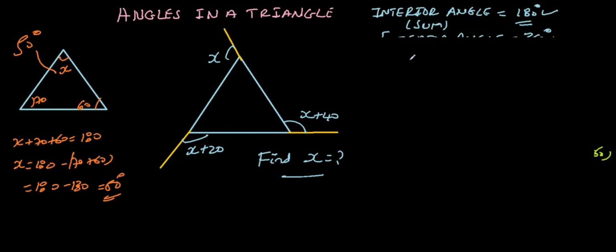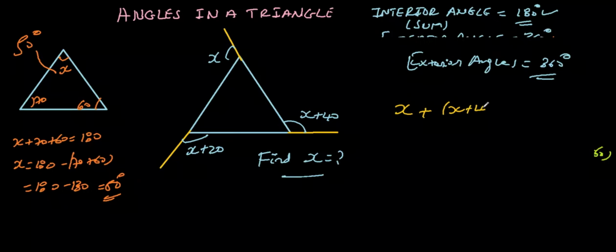In this case, you have to remember the second rule: the sum of exterior angles will be 360 degrees, right? So based on that, you have to add them together: x plus x plus 40 plus x plus 20 must be 360 degrees.